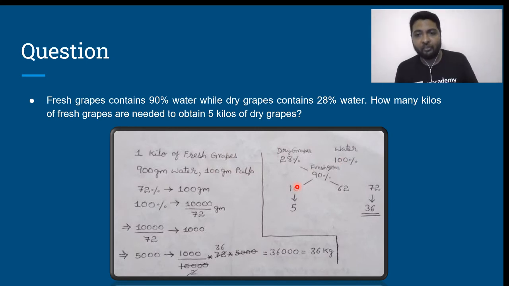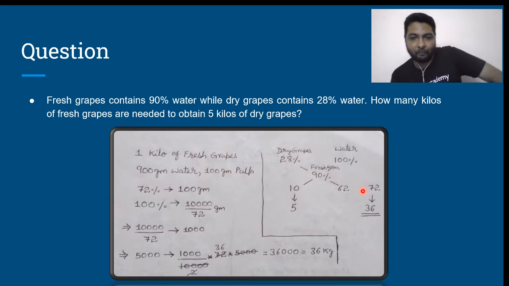This means that to 10 kilos of dry grapes, if I add 62 kilos of water, I will get 72 kilos of fresh grapes. Or in other words, from 72 kilos of fresh grapes, 10 kilos of dry grapes can be obtained.